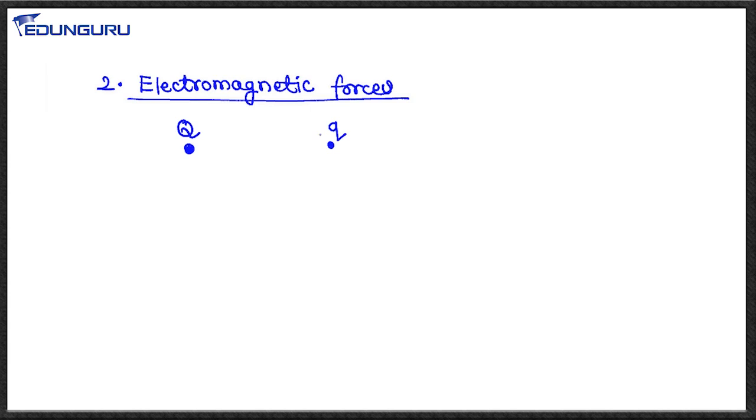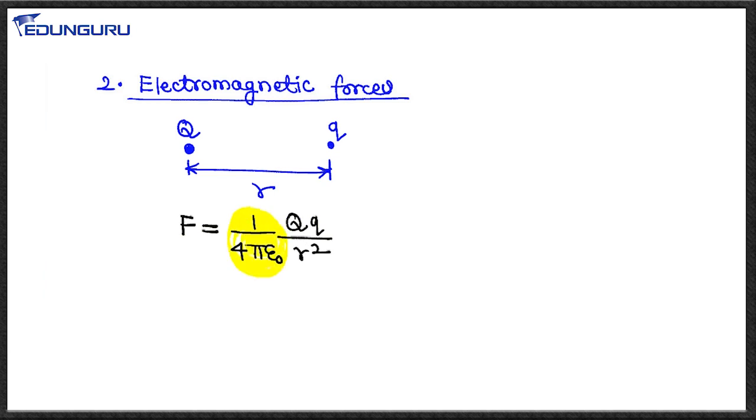And another charged particle q is kept at a distance r from here. The force experienced by this charged particle is given as F, and it is equal to 1 by 4 pi epsilon naught Q q upon r square. This term is a constant, right? As of now, we are not going to discuss this constant in length.